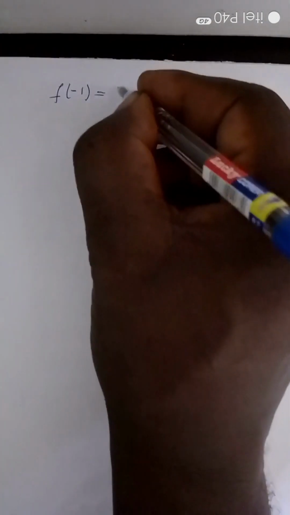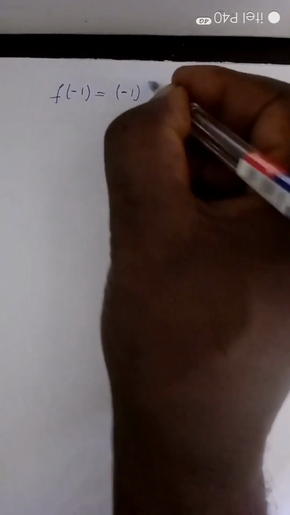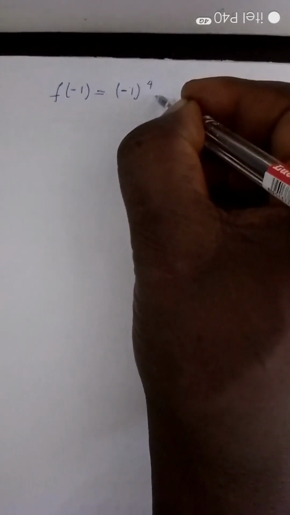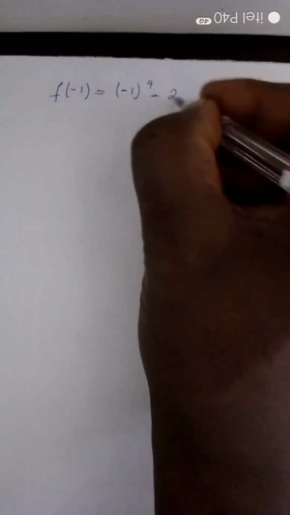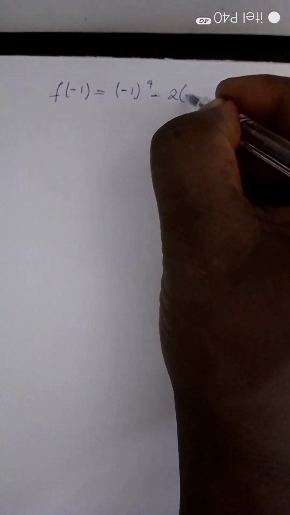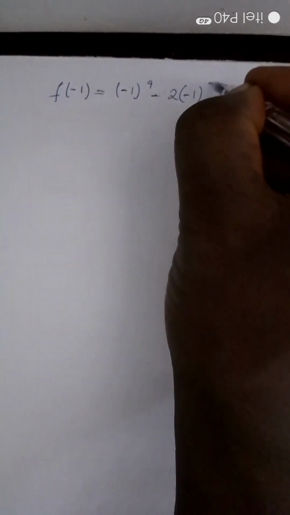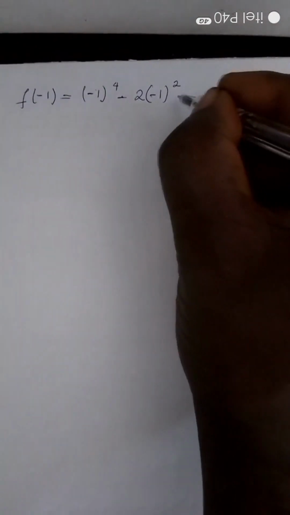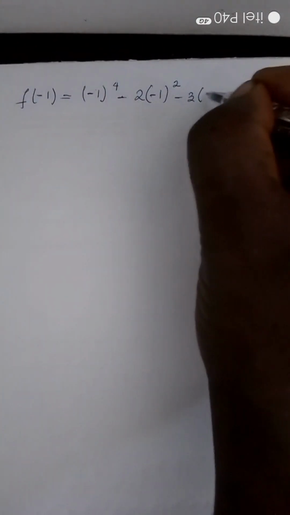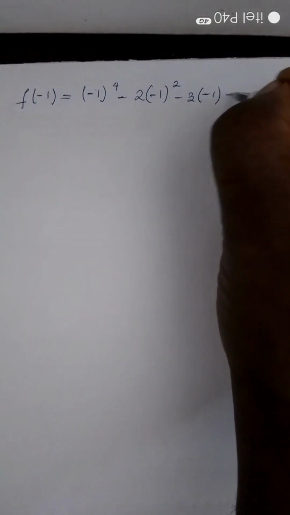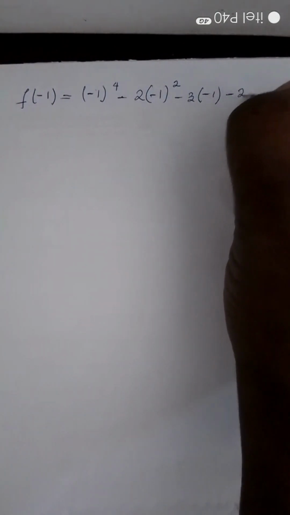F of minus 1 will give minus 1 to the power of 4. Then of course, minus 2, open bracket, minus 1 to the power of 2. Then of course, minus 3, open bracket, minus 1, then minus 2.